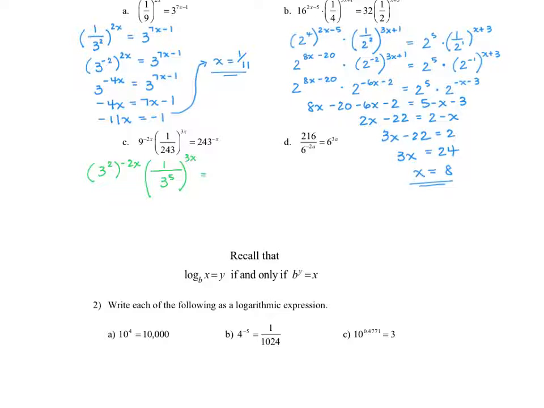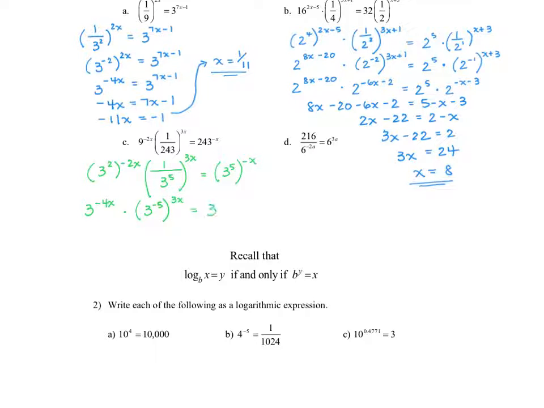And again, 243 is 3 to the 5th raised to the negative x. I'll use my power of a power rule on the first term and get 3 to the negative 4x. I'll get my 3 to the 5th out of the denominator by raising it to a negative power and changing its location.